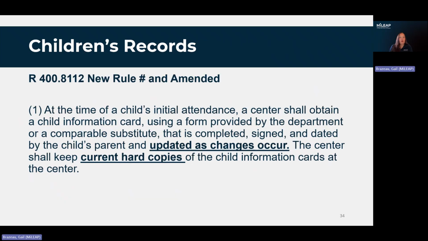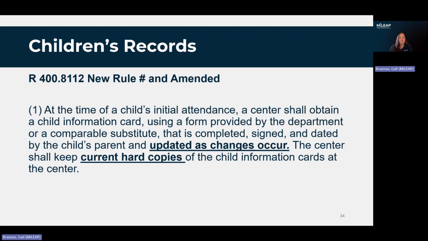Rule 8112 was given a new rule number and amended. Subrule 1. At the time of a child's initial attendance, a center shall obtain a child information card using a form provided by the department or a comparable substitute that is completed, signed, and dated by the child's parent and updated as changes occur.